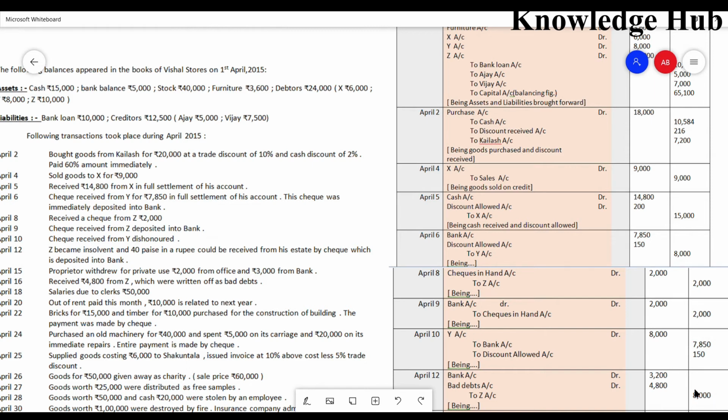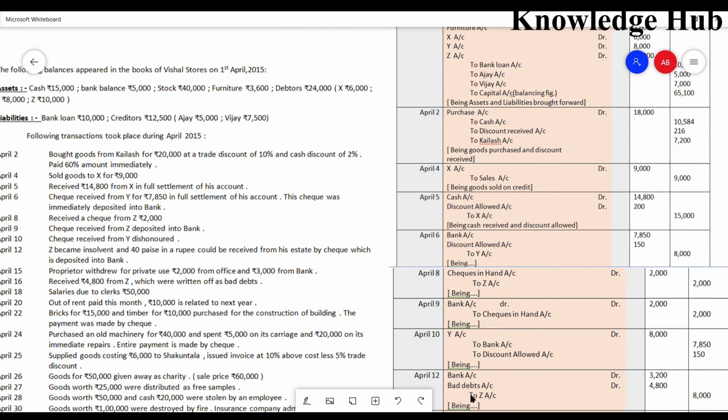His closing balance is 8,000. 10,000 which was his opening balance, and 2,000 which we received in check, after deducting, the remaining balance becomes 8,000. So we are closing Z's account with 8,000 rupees. Now whatever the difference is, the amount which we did not receive, moves into the bad debts account.